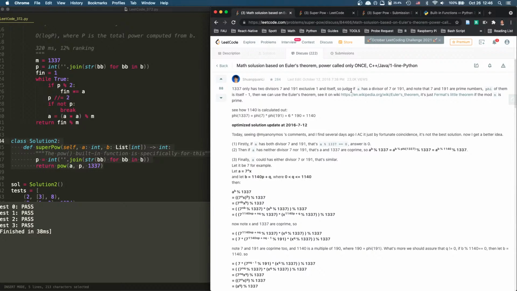So judge if a has a divisor, then 7 and 191 are prime numbers themselves. And here's Euler's theorem. Phi.